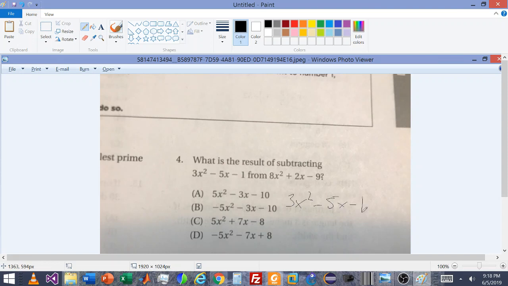The trick here is it has them in reverse order as you would in the operation. So it says, what's the result of subtracting this from this? So this is actually what all is going to become negative, and this goes on top. So 8x squared plus 2x minus 9.